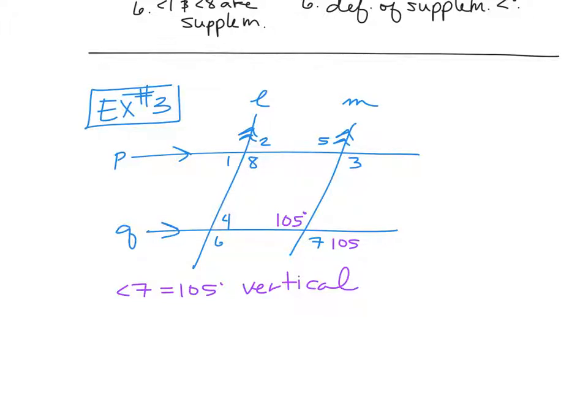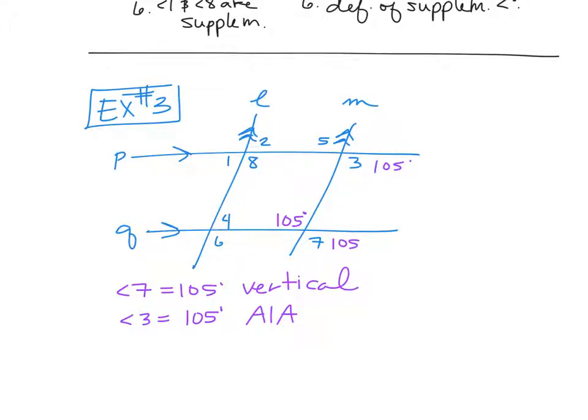How about another one? Can you tell me what angle 3 is? It's 105. Why is 3 105? Those are alternate interior angles, right? AIA, alternate interior angles. So we know this is 105.